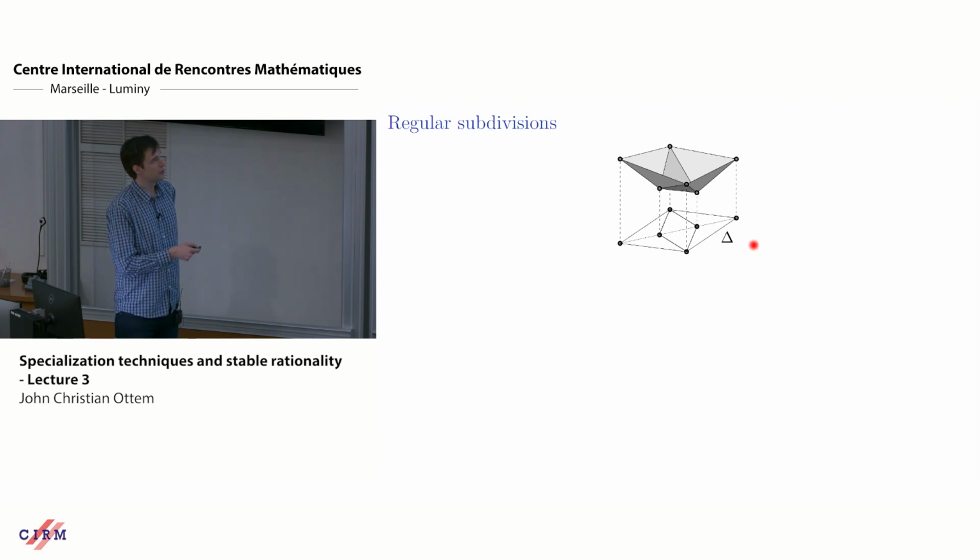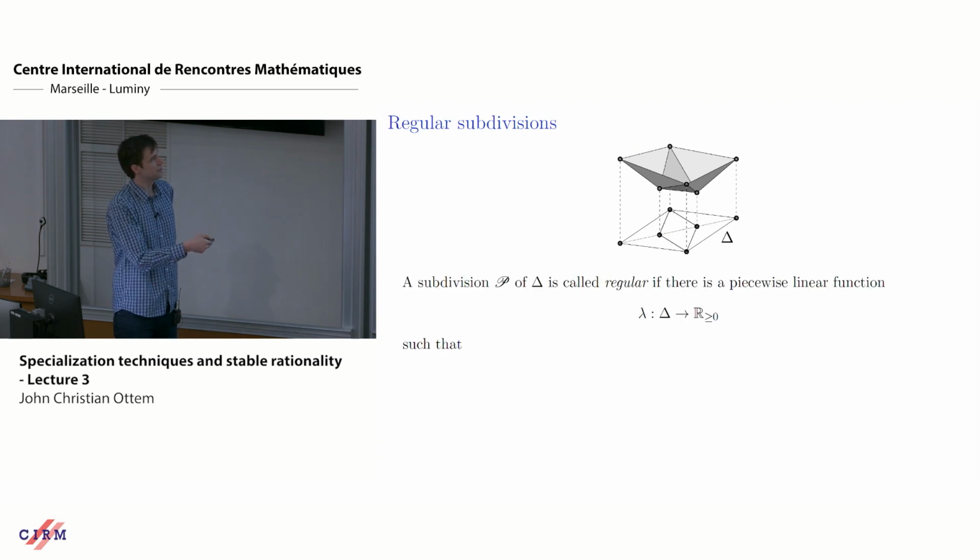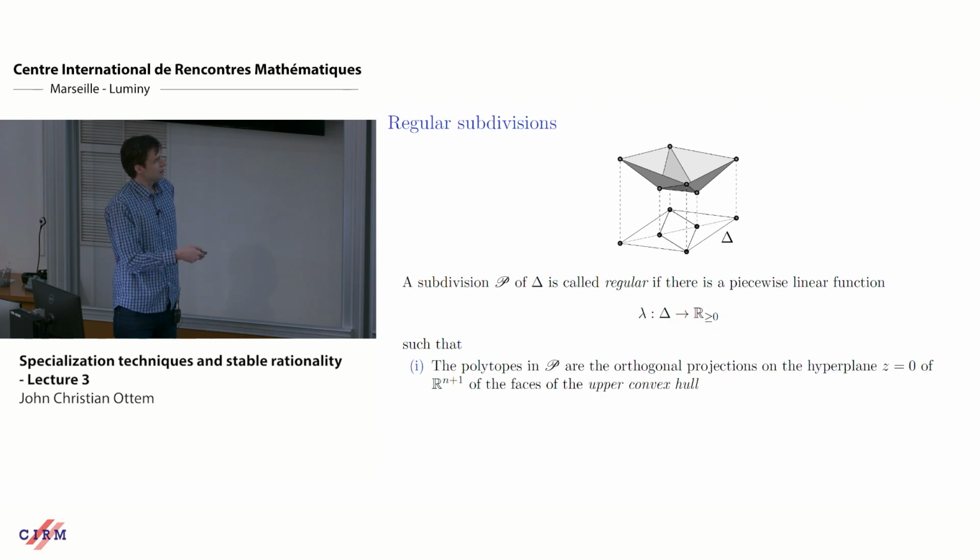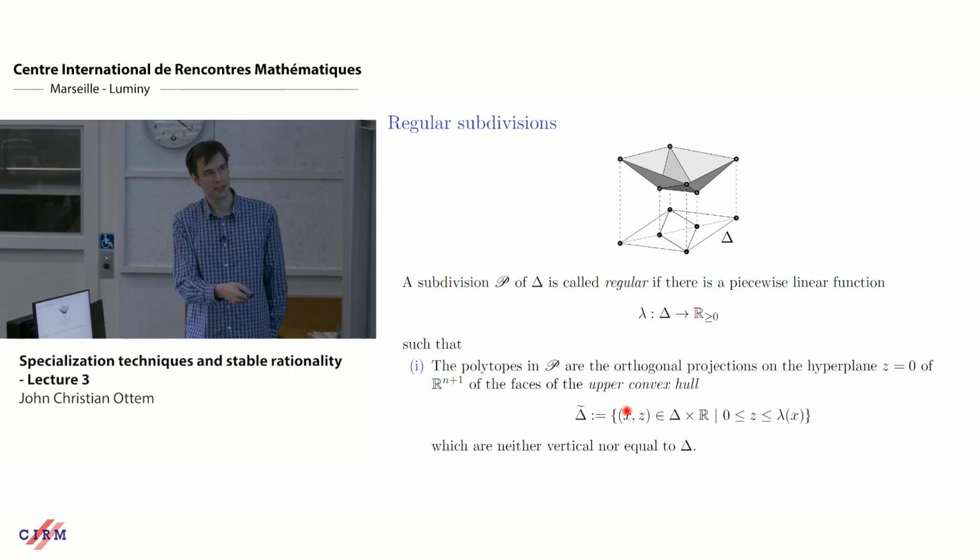Basically, if you have a polytope, you can define a subdivision by taking some piecewise linear function and then projecting. You take the graph polytope. This is what I mean by the graph polytope.